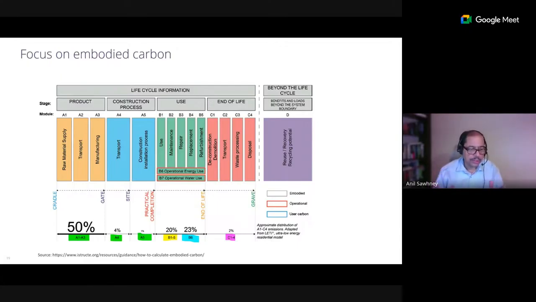About 43% is during the use stage, B1, B2, B3, B4, B5. And then 2% is C1, C2, C3, C4. So that's the distribution.